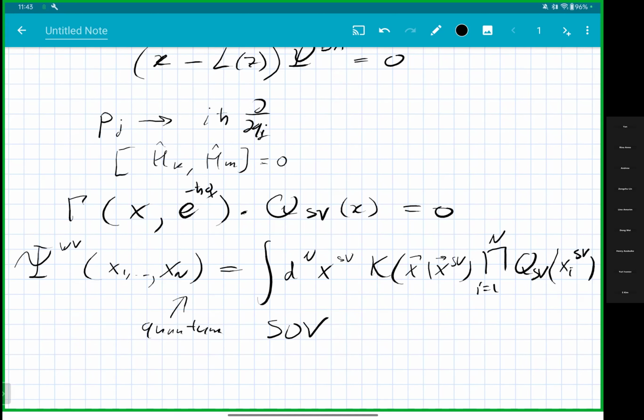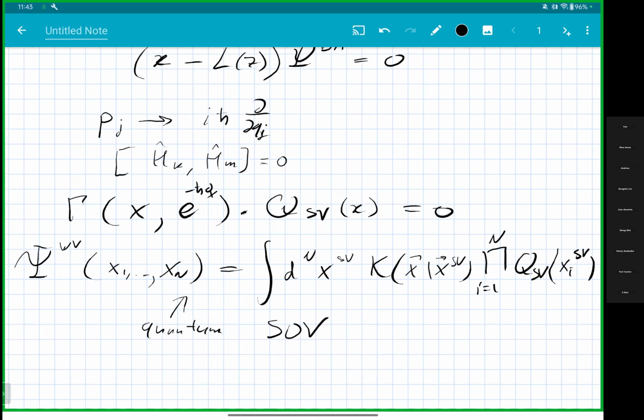He looks at the exponent of minus h bar d over dx. This operator acts on a function of x by shifting it by minus h bar, just by the Taylor formula for the exponent. So it's a shift operator.